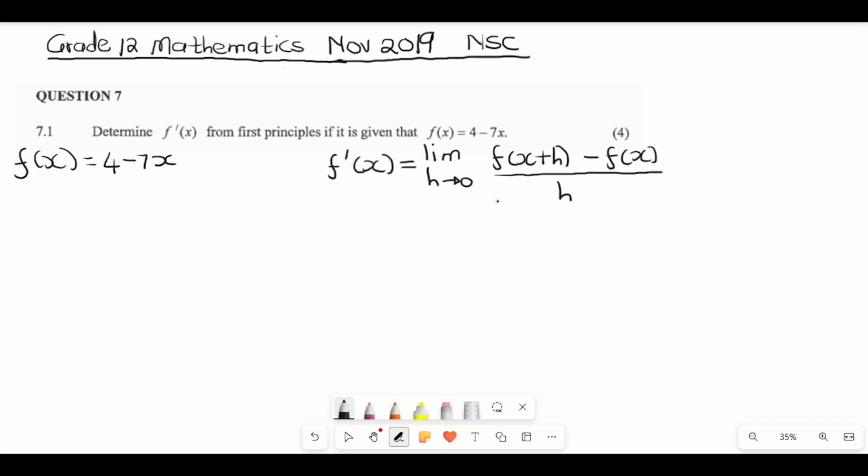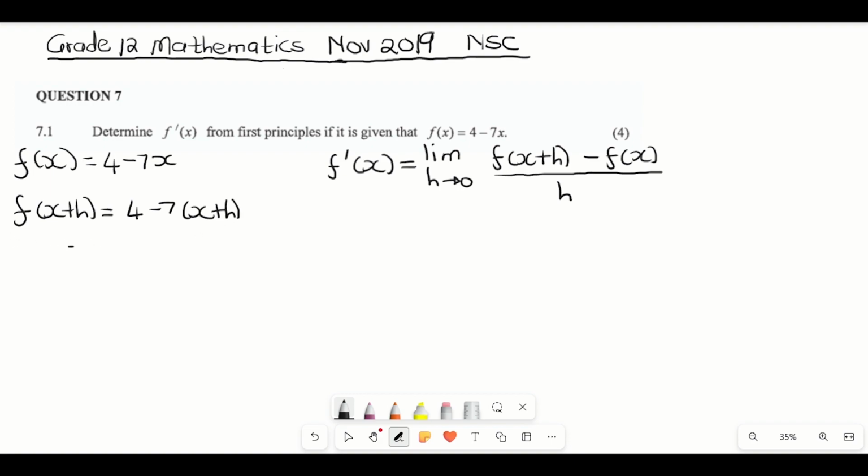So we have f of x, but we need f of x plus h, and we can work it out. F of x plus h equals to, so wherever we see x on the equation of f of x, we're going to substitute it with x plus h. So we have 4 minus 7, instead of x, we're going to write x plus h.